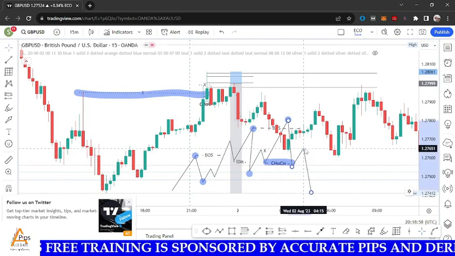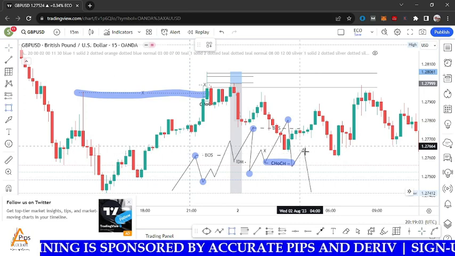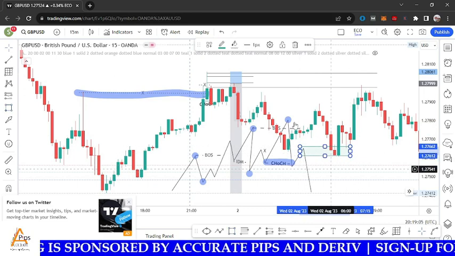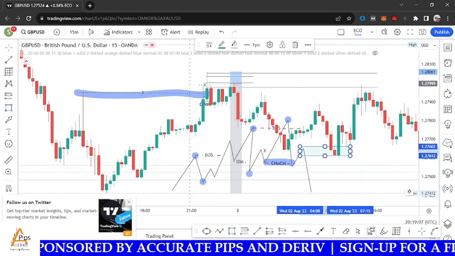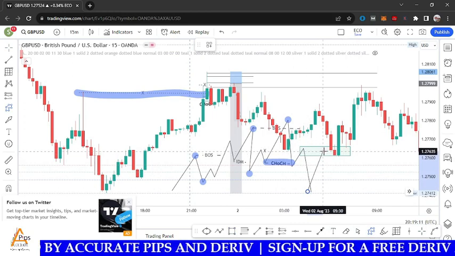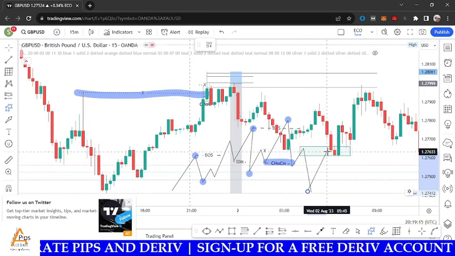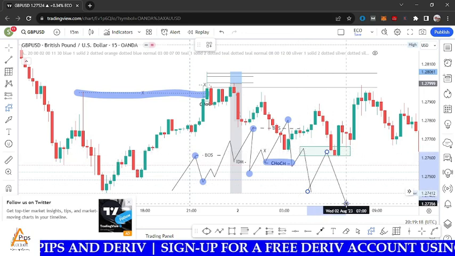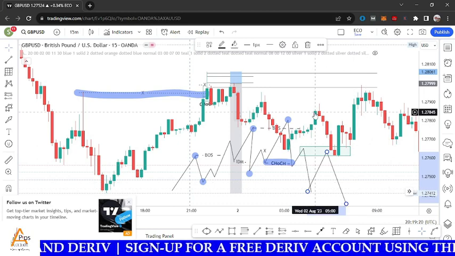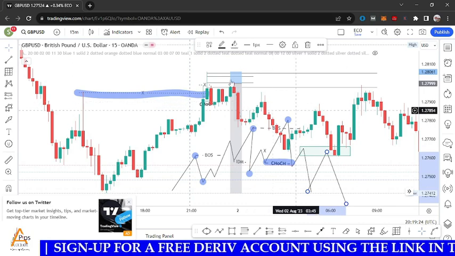So because we took out this liquidity, we had a change of character. The next time price returns back to this zone or any area that we have a reversal point, and we enter here, then based on whether a flip or a single candle order block, we will take our sell from that point. So that is how you can differentiate between the two.